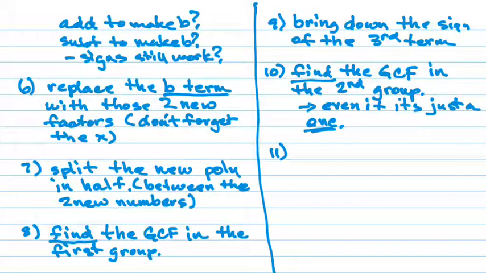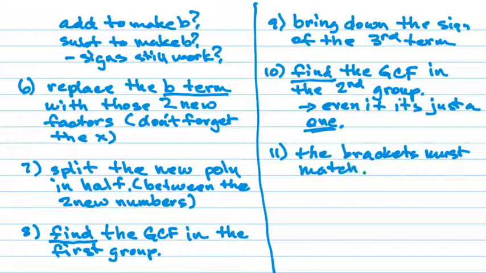All right. Now, remember, when you find the GCF, you're going to put the GCF and then open up a bracket and then do the division, right? Well, if I did that twice, how many sets of brackets am I going to have? 2, right? The brackets must match. They have to be identical.